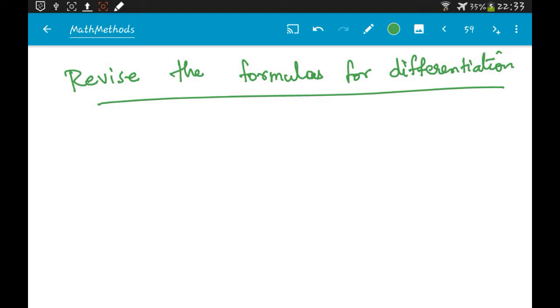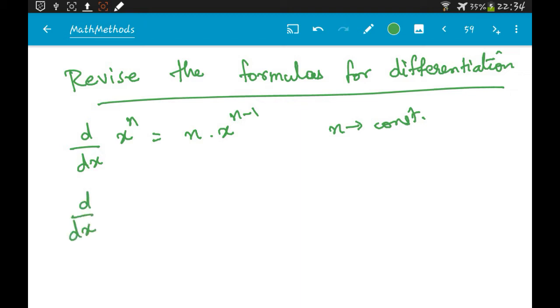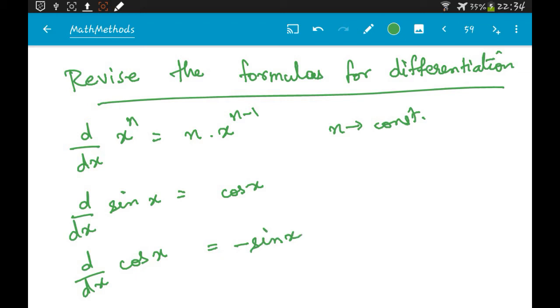If you do d by dx of x power n, where n is a constant, what you will get is n into x power n minus 1. If you do d by dx of sin x, you will get cos x. If you do d by dx of cos x, you will get minus sin x. These are important formulas, so you should know them.